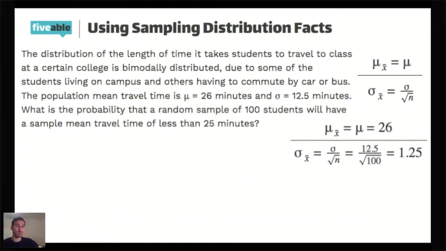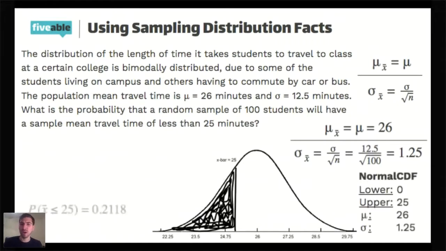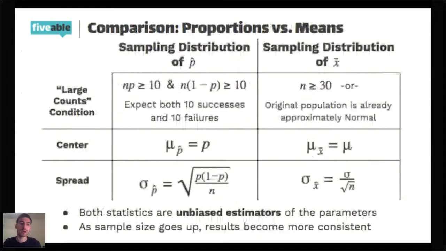You list a shape, a center, and spread, and then often ask you as a follow-up question to apply that description to a probability. It's not a super common thing on the free response, but it can come up from time to time. Probably about once every 4 or 5 years, you'll get a question asking you to describe a sampling distribution on free response. It's almost always about X bars and not P hats on free response. Multiple choice, it can go either way.